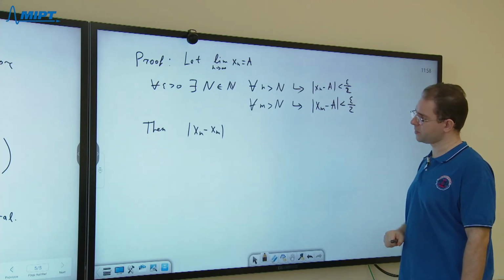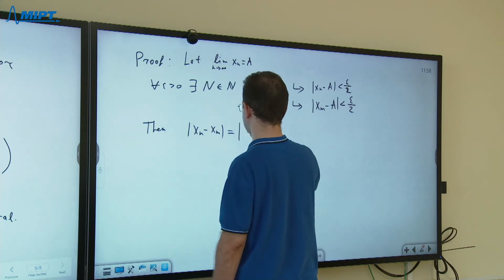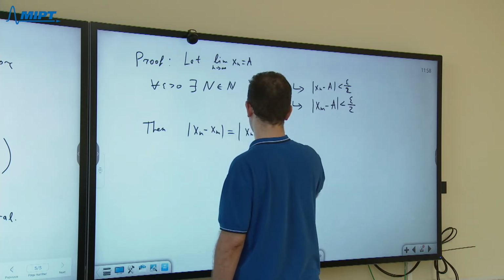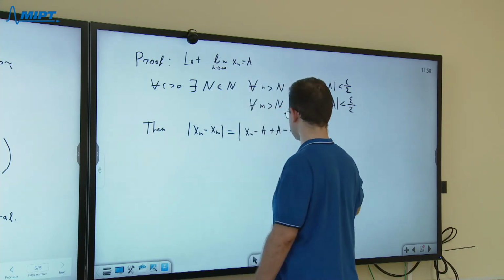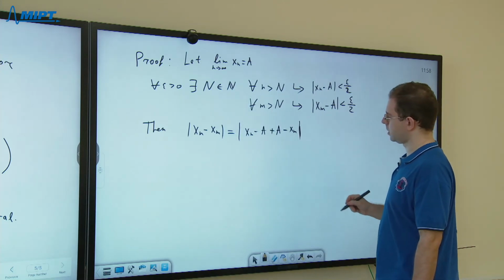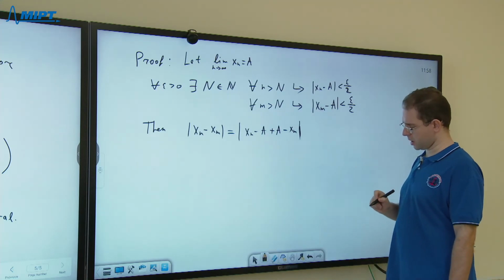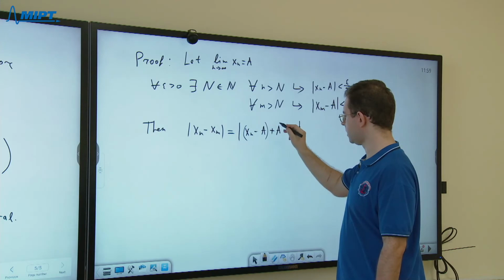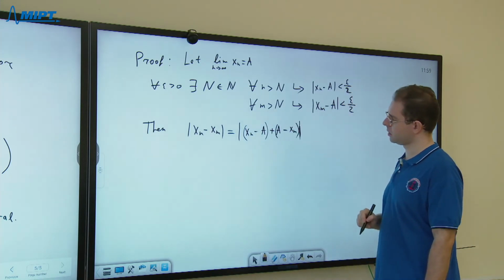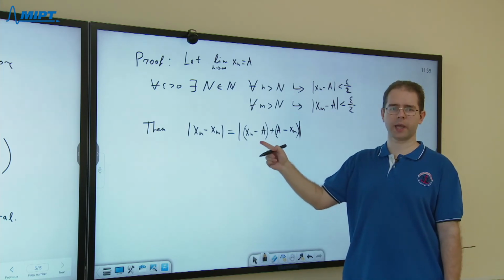Let's consider them. xn minus xm is of course the absolute value of (xn minus a) plus (a minus xm), and here we have an absolute value of a sum.